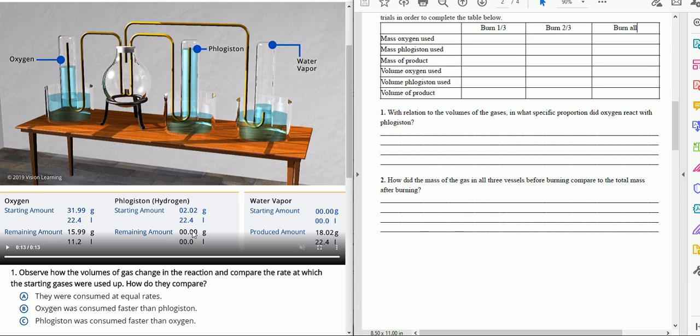There's no remaining amount of hydrogen or phlogiston because it was all consumed. And so what you should see is if we add 15.99 grams of oxygen remaining to the 18.02 grams of water vapor produced, we should see the law of conservation of mass completely satisfied. And in fact, that's what we see. They're the exact same masses.